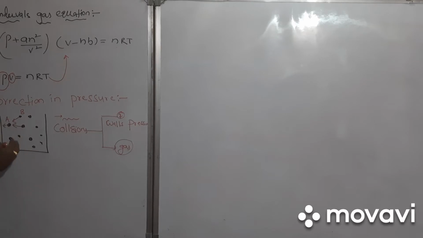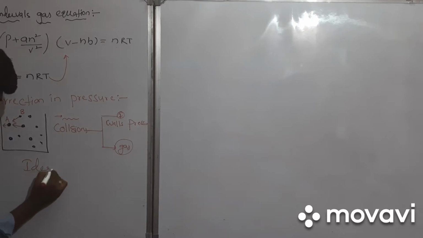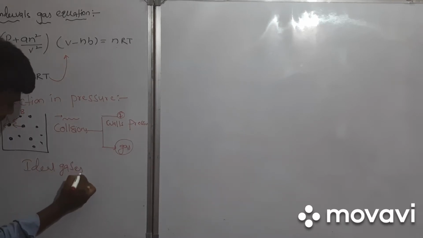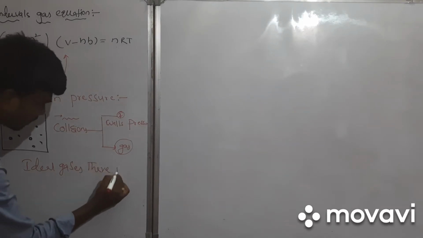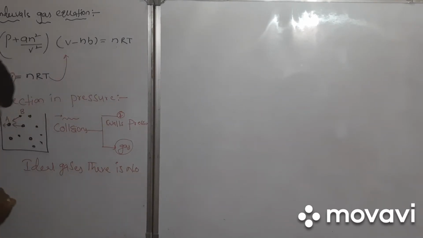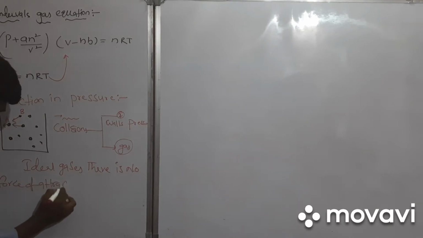What I mean to say is that in this container there are two types of molecules. One type makes collisions with the walls of the container, and another type attracts the molecules which are going to make collisions with the walls, right? According to ideal gas theory, there is no force of attraction in ideal gases.